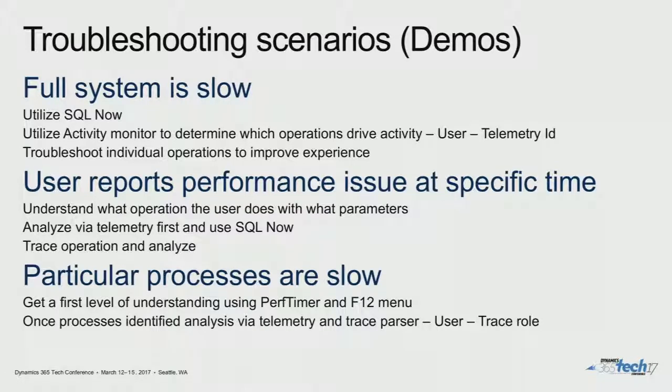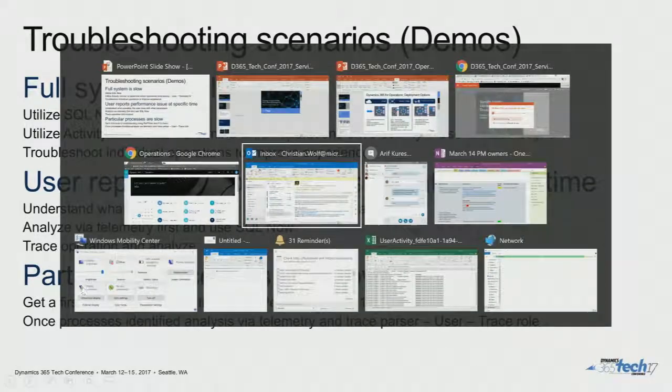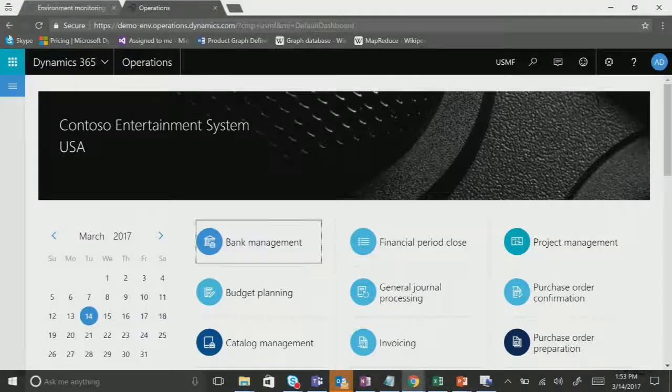But as soon as you go live, the first complaint we hear is that everything is slow. Then over time, the issues happen at specific times, and eventually it's just one or two users having issues. You need to know what exactly is happening when a particular user complains of a particular process being slow. So let me jump into AX LCS.